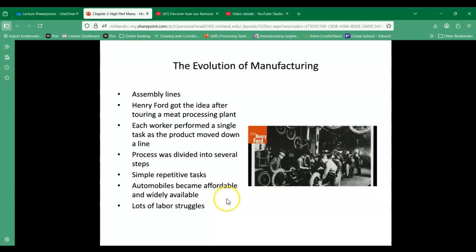The use of the assembly line also caused a lot of additional labor struggles, so some of the labor battles of the late 1900s, early 20th century started to brew as a result of this type of processing.